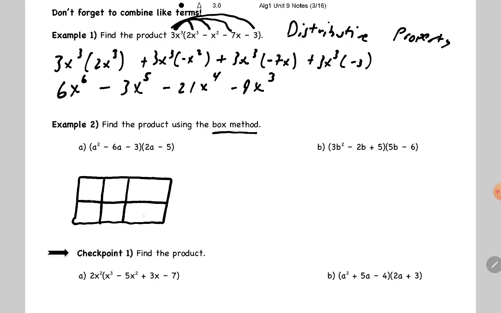Let's make that a little bit bigger. In this top row, I'm just going to put a squared minus 6a minus 3. And then on the left side, I'm going to put 2a and minus 5.